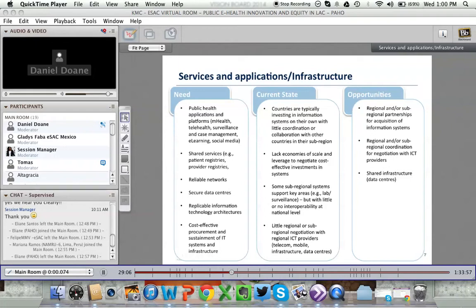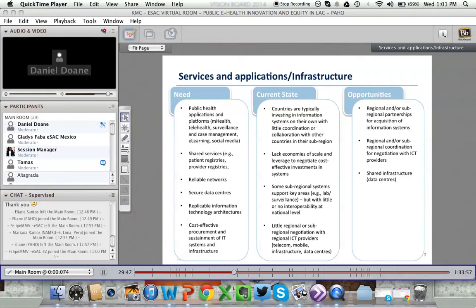In terms of, again, opportunities and moving forward, I think there's a real opportunity here for countries to begin to work together to procure and secure applications and systems in a common way, such that they are not having to do all this alone.